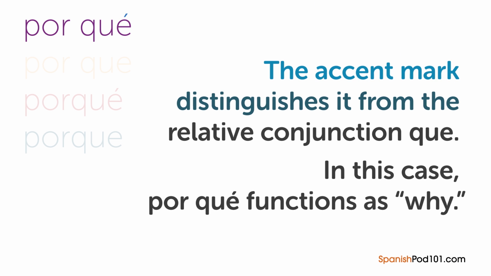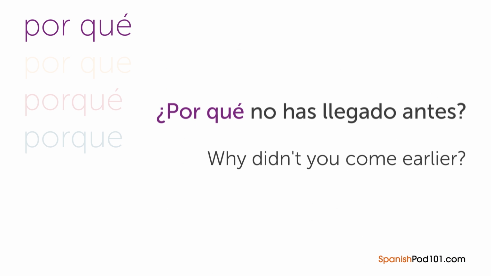The accent mark distinguishes it from the relative conjunction que. In this case, por qué functions as why. For example, ¿por qué no has llegado antes? Meaning, why didn't you come earlier? Here, we are asking what the cause or reason is for why the person didn't come sooner.